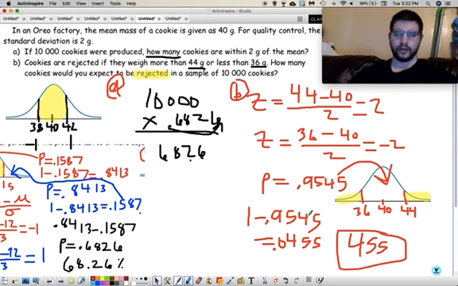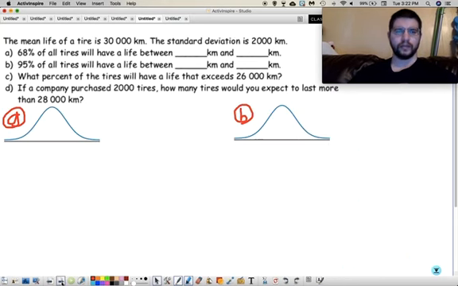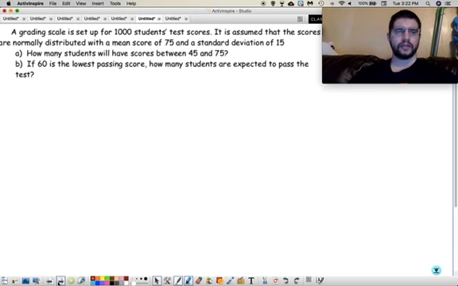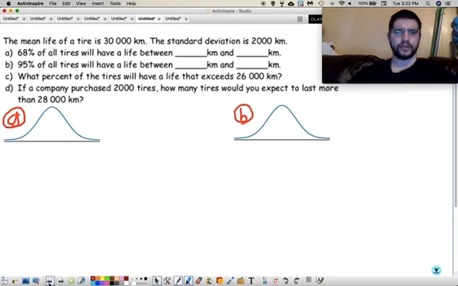Okay, so let's go to the next one. Tires this time. So 68% of all tires will have a life between what and what? So this one we're looking for z-scores, given the mean and standard deviation.